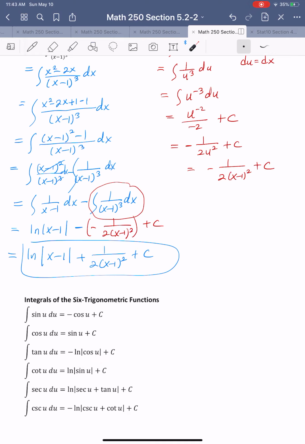The integral of cotangent u du is ln absolute value of sine u plus c. The integral of secant u du is ln absolute value of secant u plus tangent u plus c. And the integral of cosecant u du is negative ln absolute value of cosecant u plus cotangent u plus c.